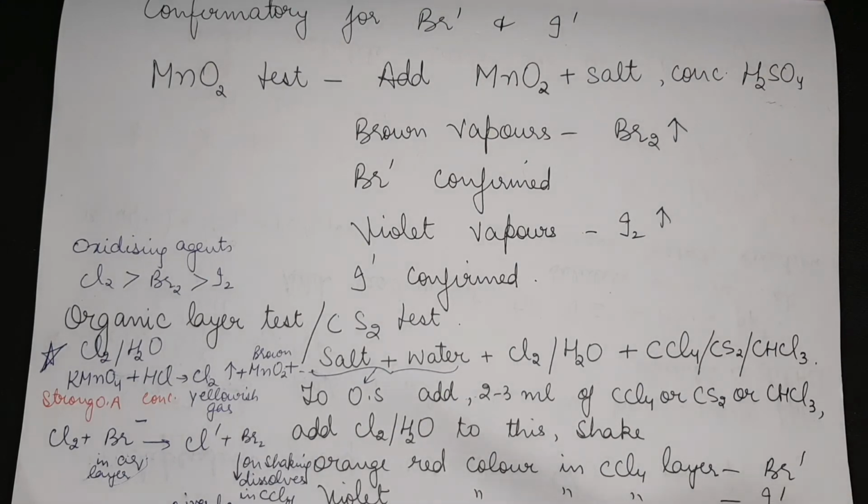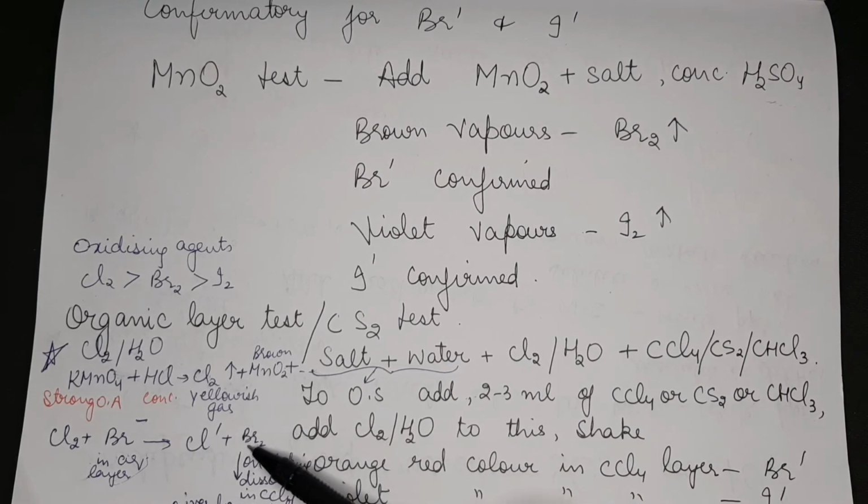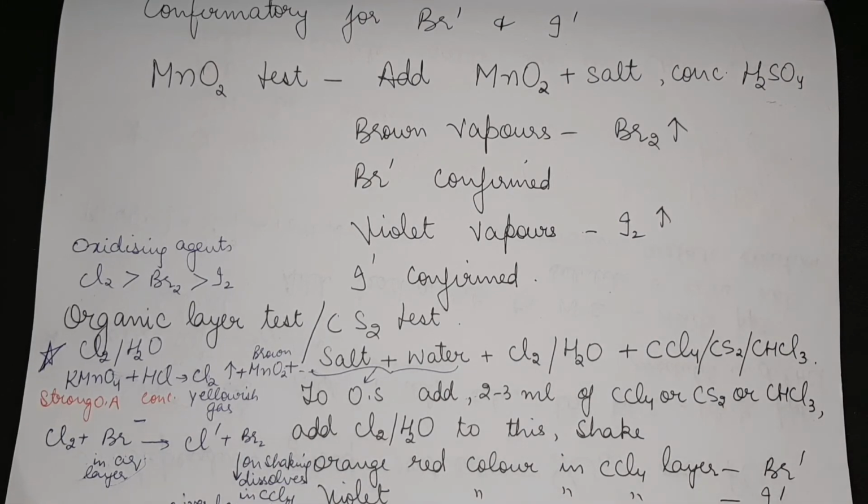So when the two layers, that is water and the organic layer, are shaken, the bromine prefers to dissolve in the non-polar organic solvent, that is carbon tetrachloride, giving it color. So bromine gives a brown color and iodine gives a violet color to the organic layer. So this is the layer test.